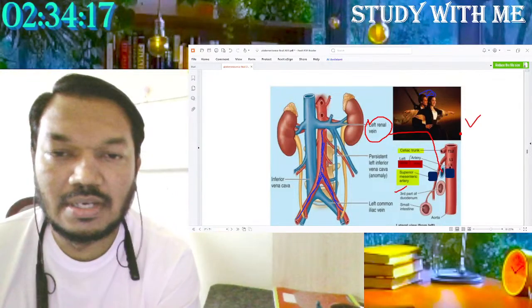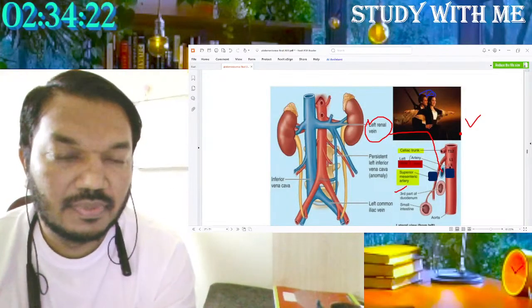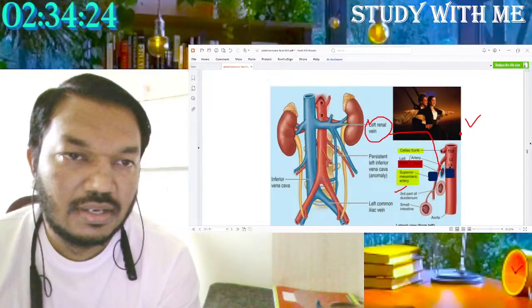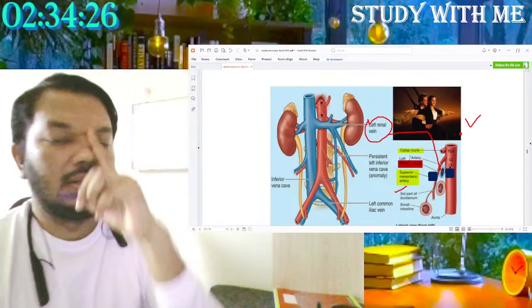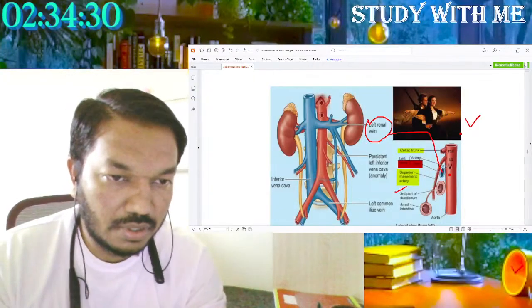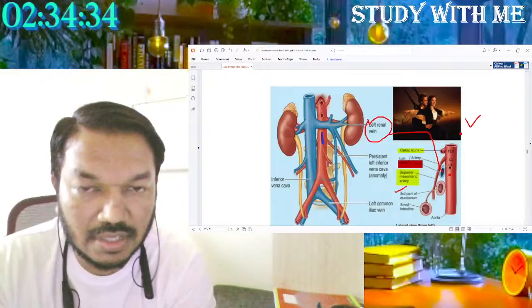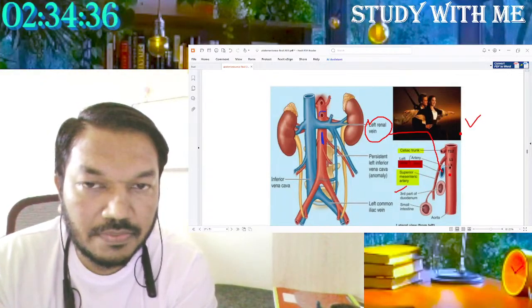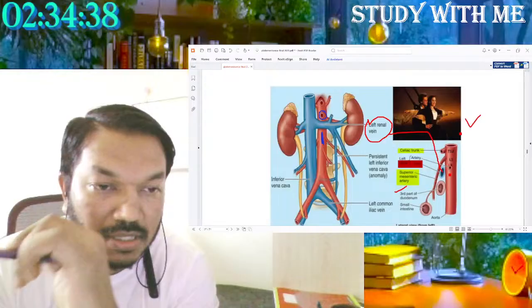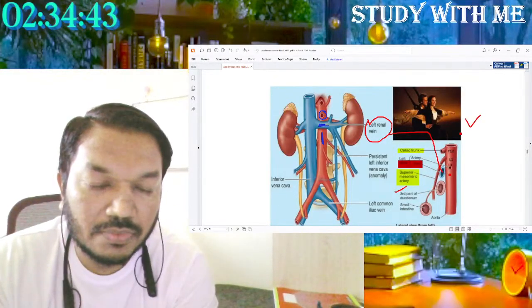Okay. But Reda used to use this picture, the Titanic relation or something. You can see the importance here. This is the abdominal aorta, a very tough structure, and this is the superior mesenteric artery, and this is the left renal vein.